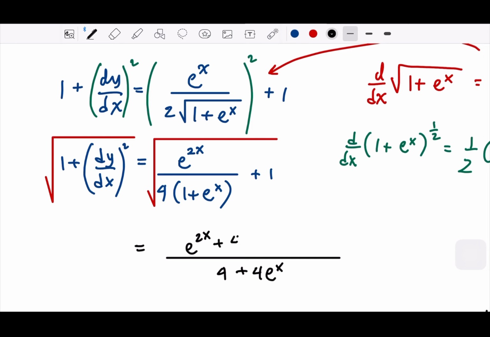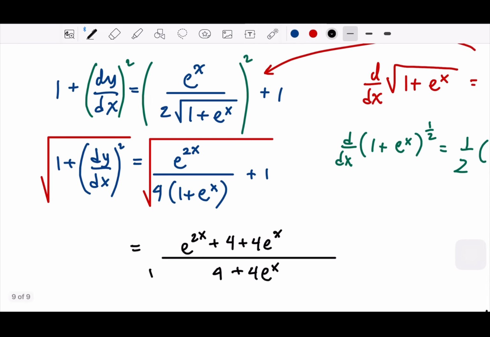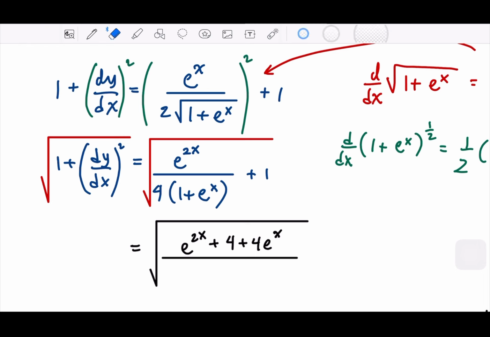So plus 4e to the x, and this is with the square root. So we still have the square root here. And maybe we make a factor again like the previous one.